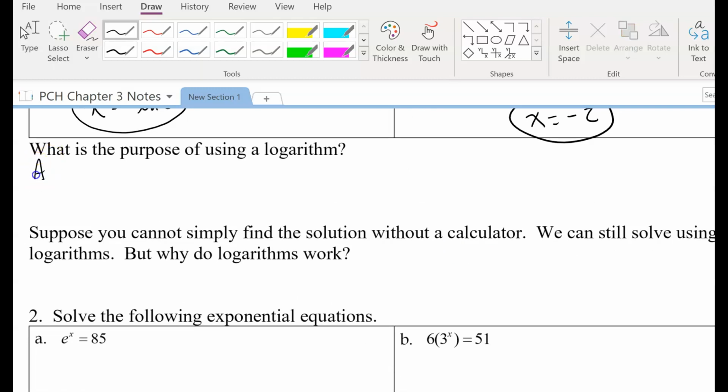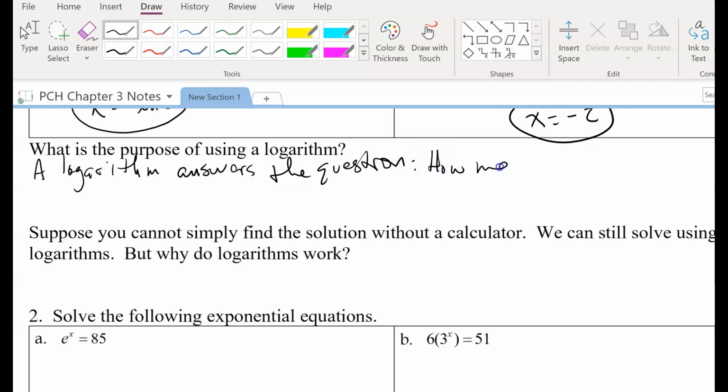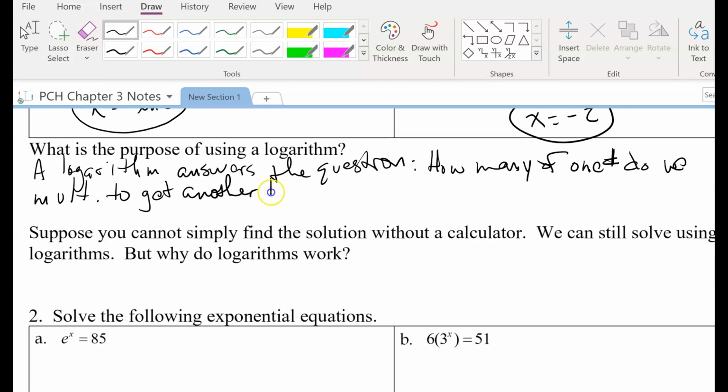So basically, a logarithm answers the question: how many of one number do we multiply to get another number?